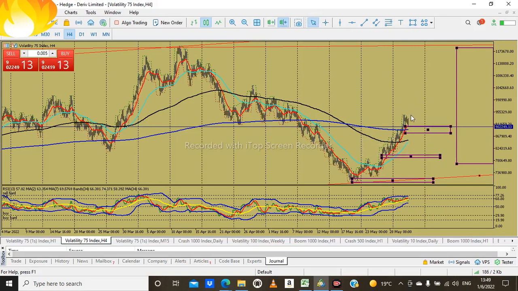Some people might mistake this as a peak because it seems like an M. It seems like price is rejecting that, but it really is not an M. Why am I saying that? Because EMAs are converging, and they're converging up. The moment this crosses, this has to cross, so this can actually give us impetus for a buy.